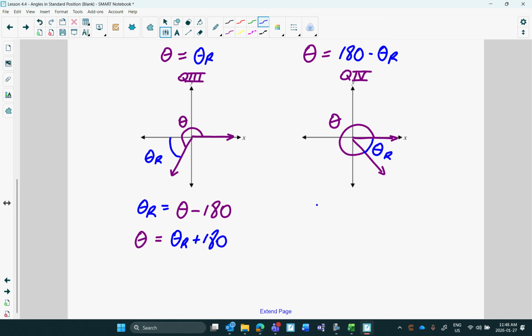So theta r is going to equal 360 minus theta. And what if I give you theta r? What if I said this was 10 degrees? 360 minus 10, or 360 minus the reference angle.